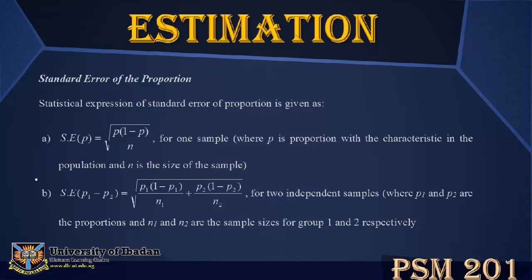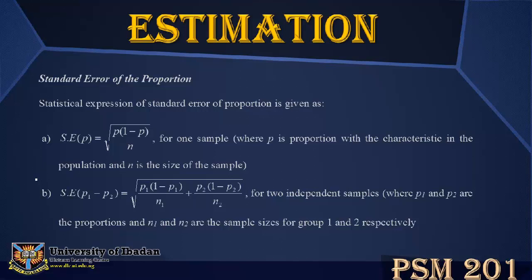Standard error of the proportion. The statistical expression of standard error of proportion is given as: A. SE(p) equals the square root of p(1 minus p) over n for one sample, where p is the proportion with the characteristic in the population and n is the size of the sample.